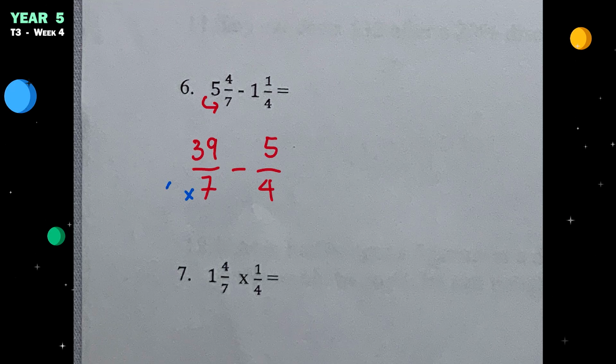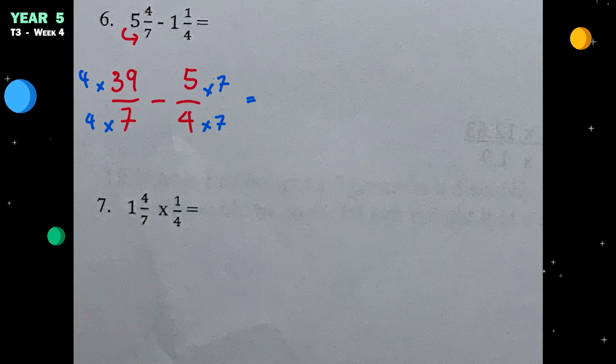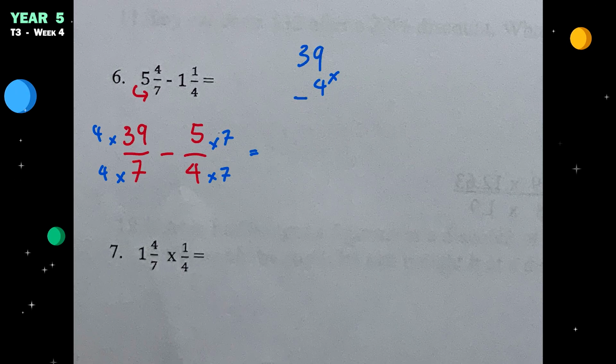So we times this by 4, times it by 7, times it by 4, times it by 7. Alright, so what we're going to get is 4 times 39. 4 times 9 is 36. 12 plus 3 is 15. So this will be 156.